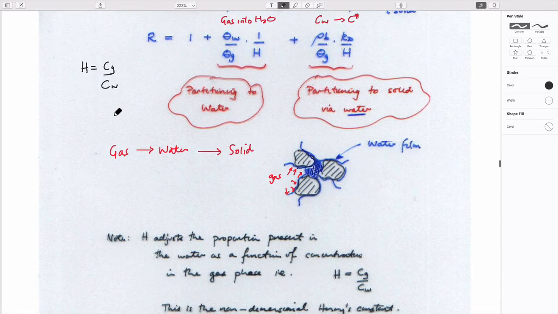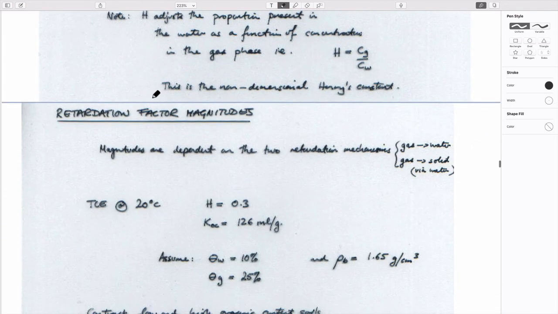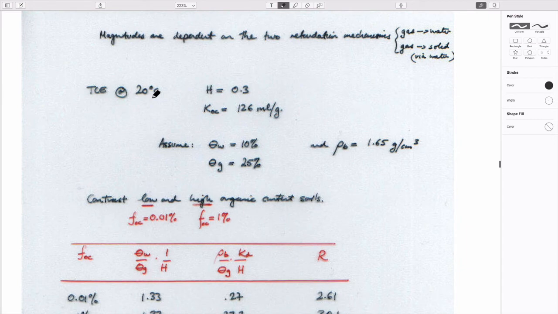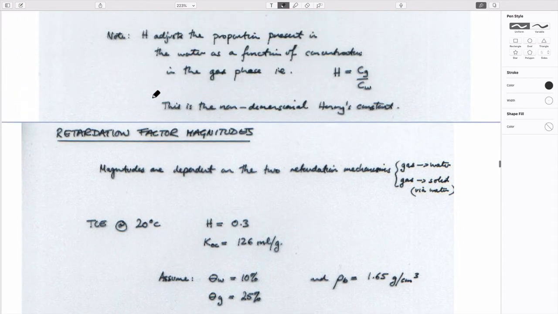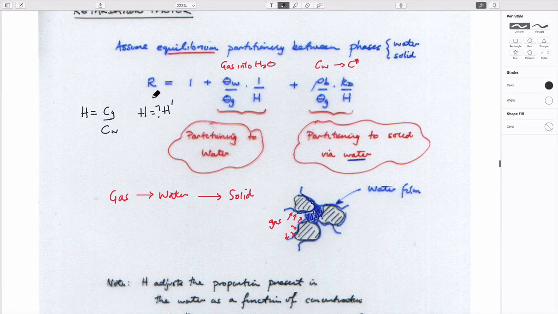And so we had to figure out exactly what this is as a function of the normal Henry's law coefficient, which we've called H prime. But we'll defer that for a moment. Okay, so you can use this retardation coefficient that we have. So this is what we'll call our gaseous retardation coefficient.